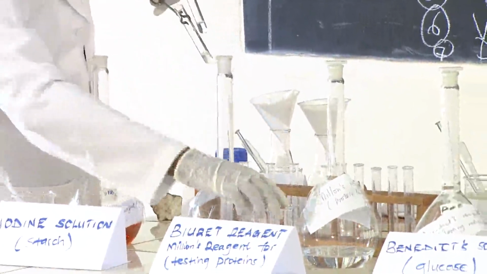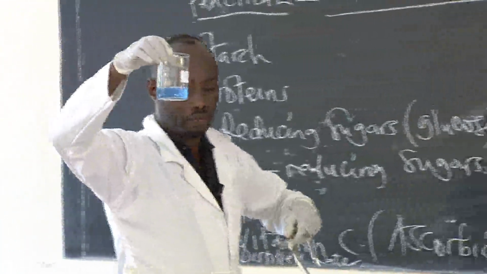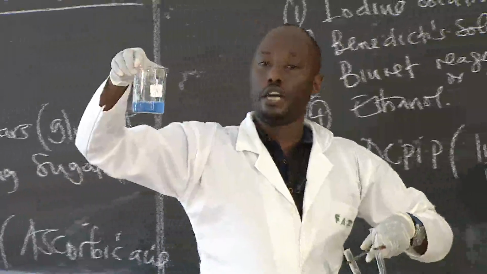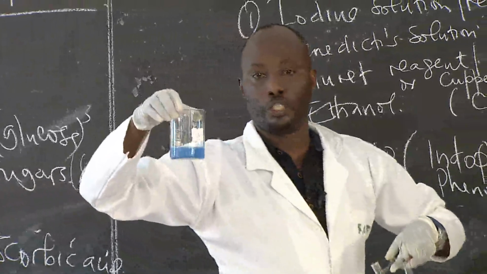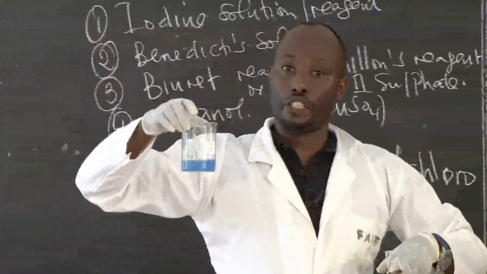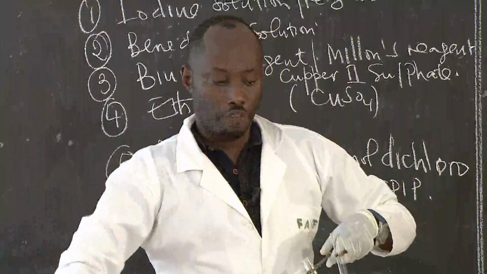Students, before I use the Biuret test, you can see the color of the Biuret reagent. It is blue in color. If the color of the Biuret persists, it means the sample does not contain proteins. But if the color changes from blue to purple, that indicates the presence of proteins.